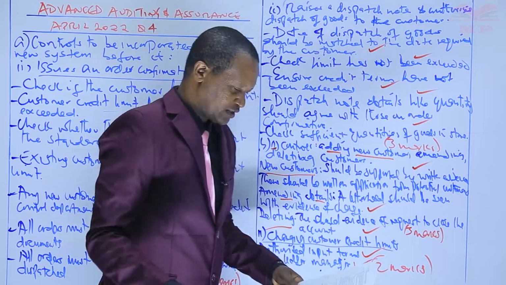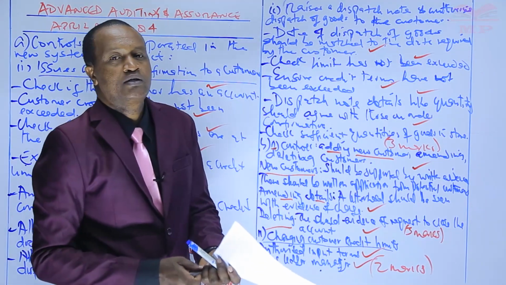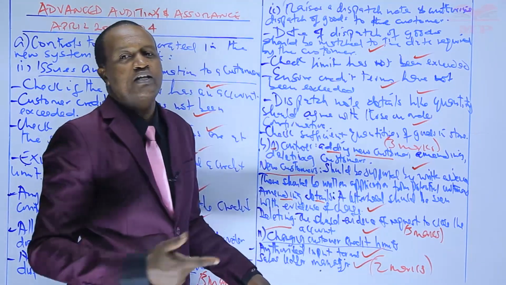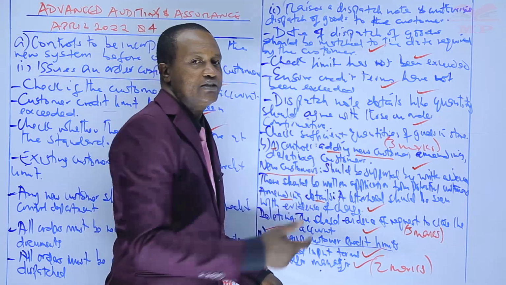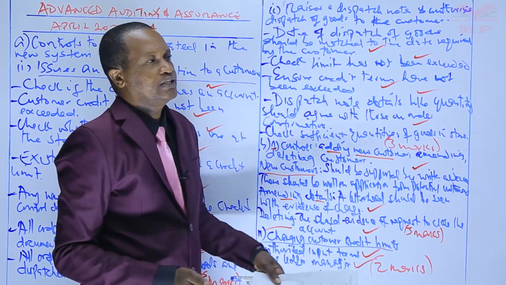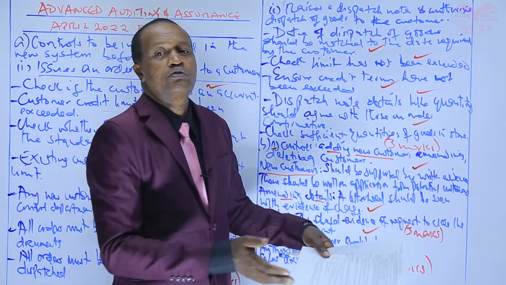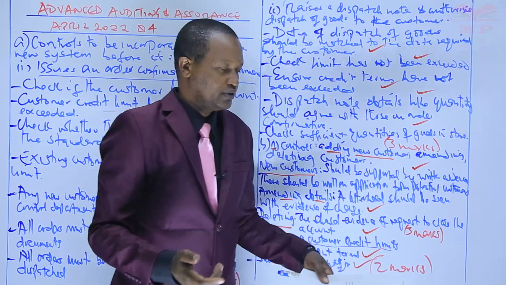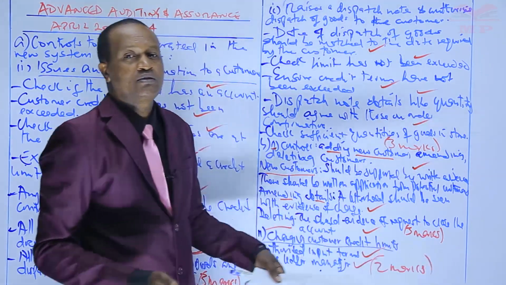We can cite further controls, for example, authorization by the finance director. When you're increasing the credit limits, the finance manager should also be part of the authorization process.